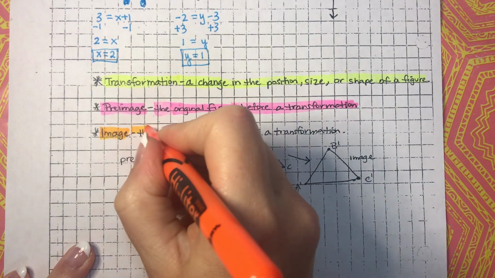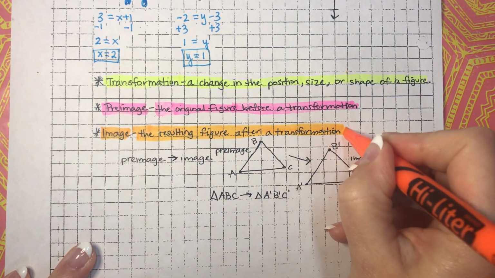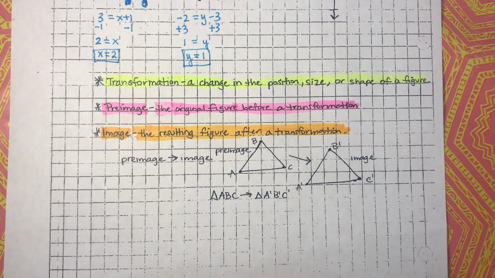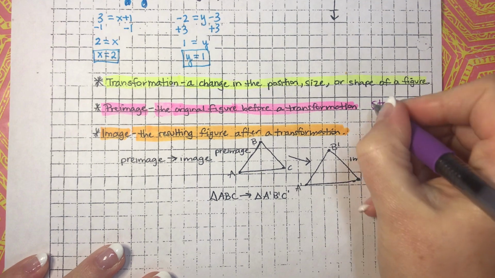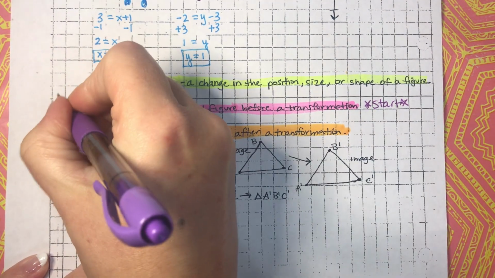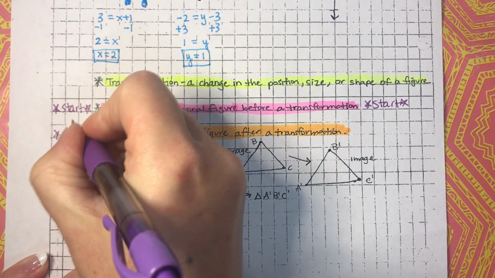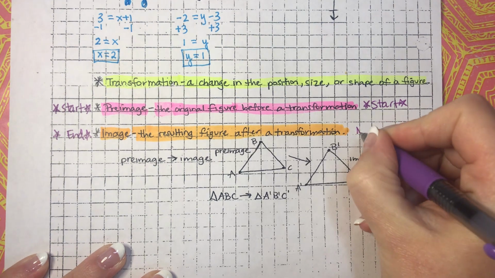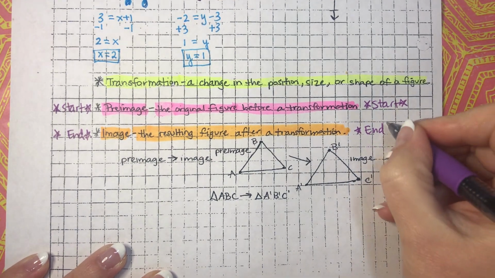An image is the resulting figure after a transformation. So this is basically where you start. I'm going to write it right here. Where you start is the pre-image, and where you end is the image. So start, and this is end.